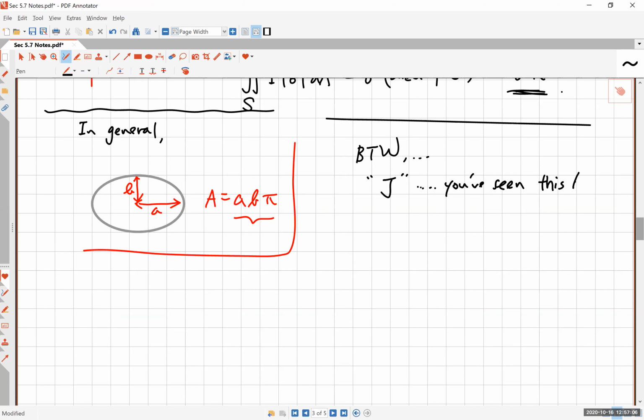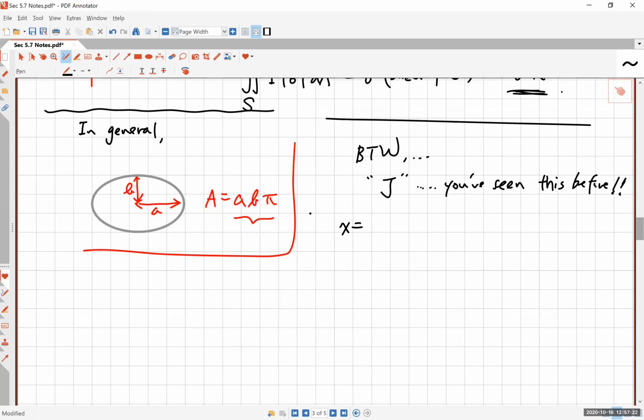Now, where? Well, one transformation you've done is this transformation between the rectangular coordinate system to the polar coordinate system, right? Okay, so let me explain what I'm talking about.